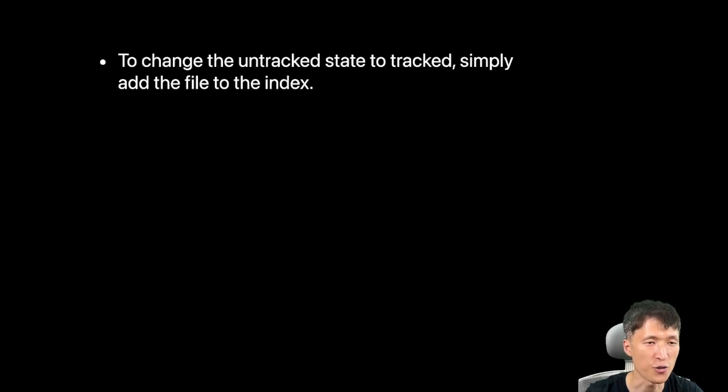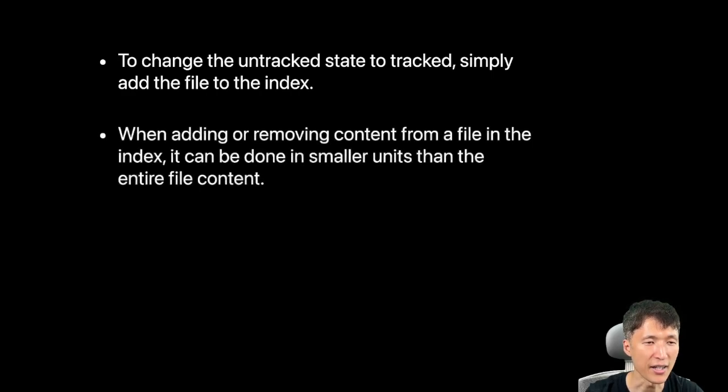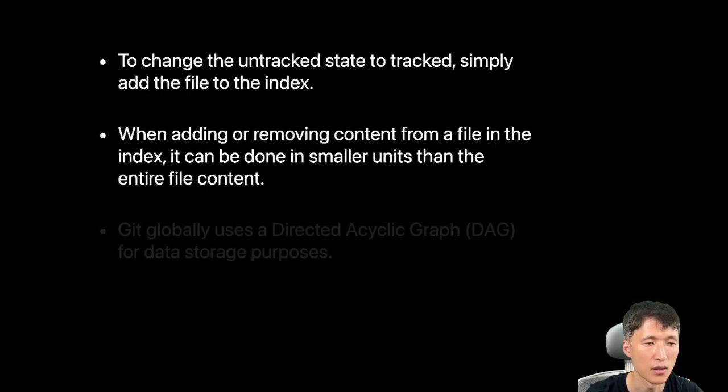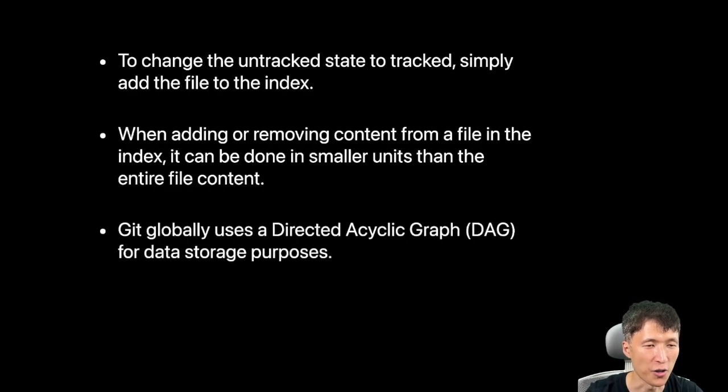To change the untracked state to tracked, simply add the file to the index. When adding or removing content from a file in the index, it can be done in smaller units than the entire file content. Git globally uses a directed acyclic graph (DAG) for data storage purposes.